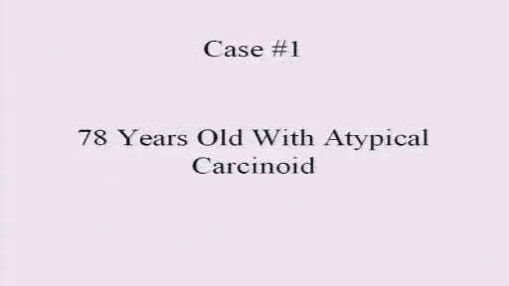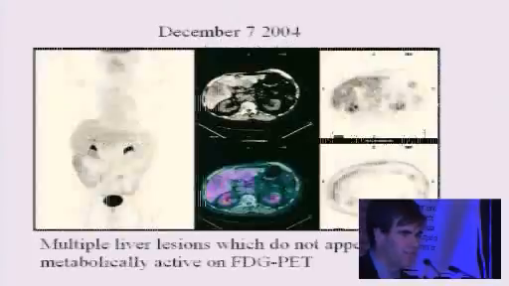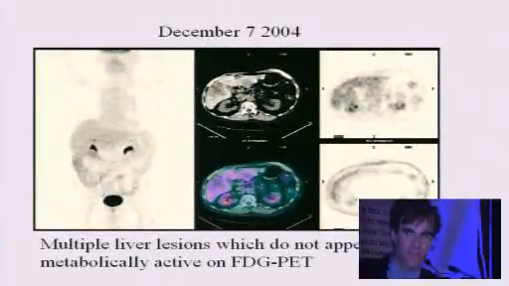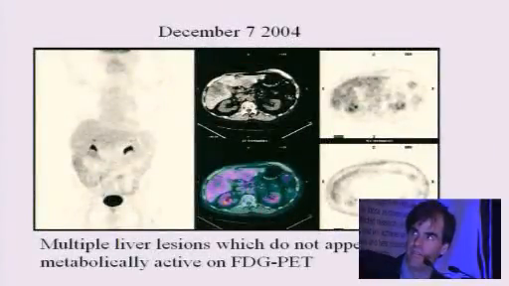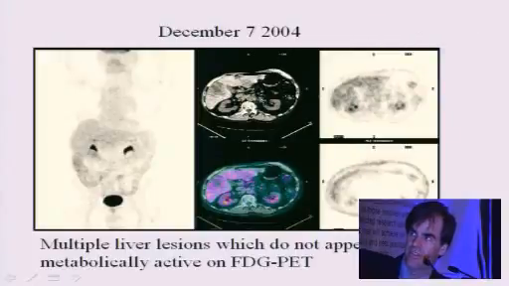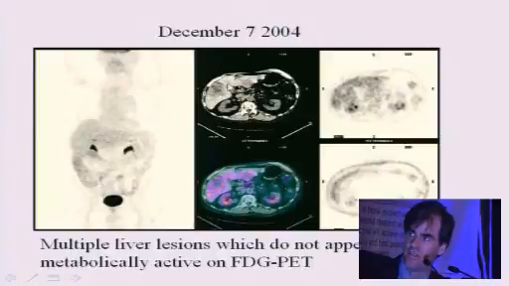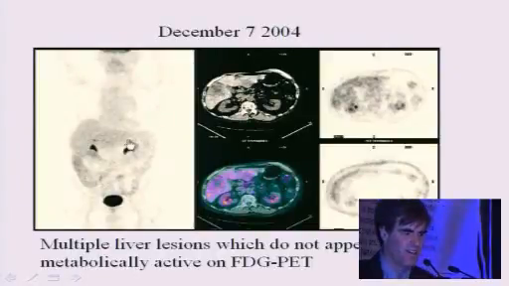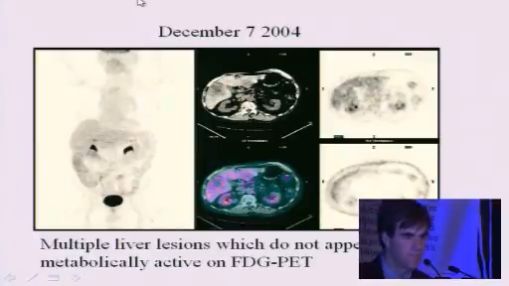So there's a patient with an atypical carcinoid. It's a 78-year-old. Here's the baseline scan. There were multiple quiescent lesions in the liver. They're still very abnormal, but they're not hypermetabolic on PET.